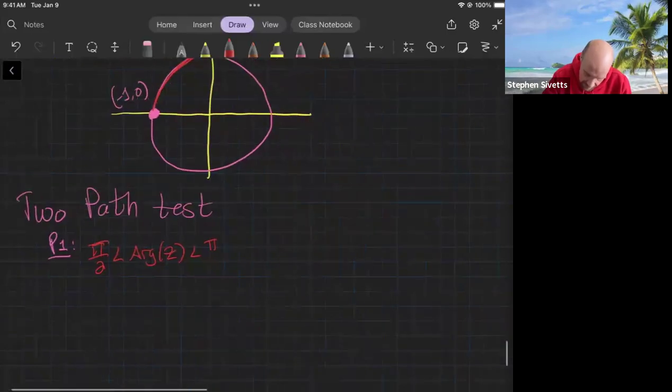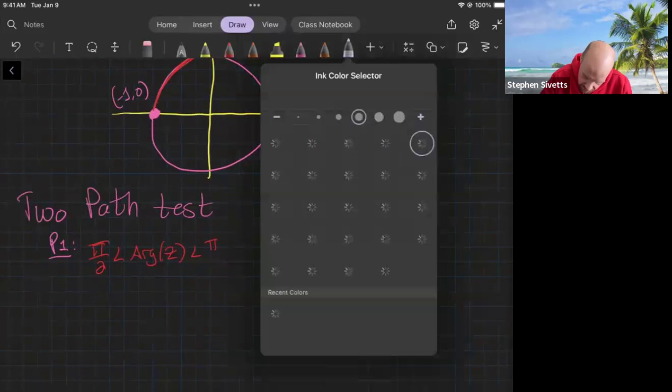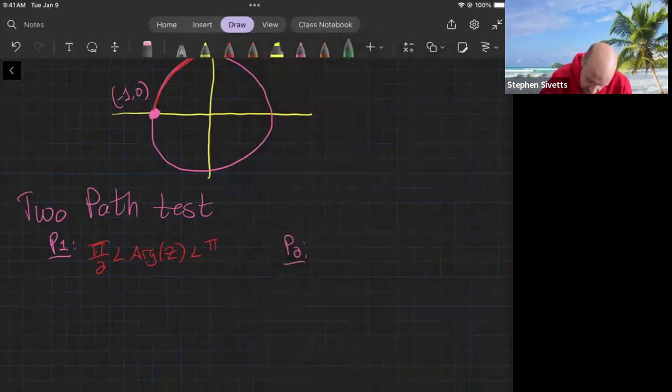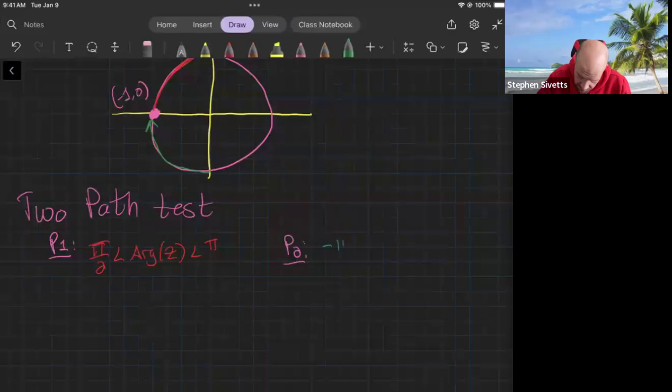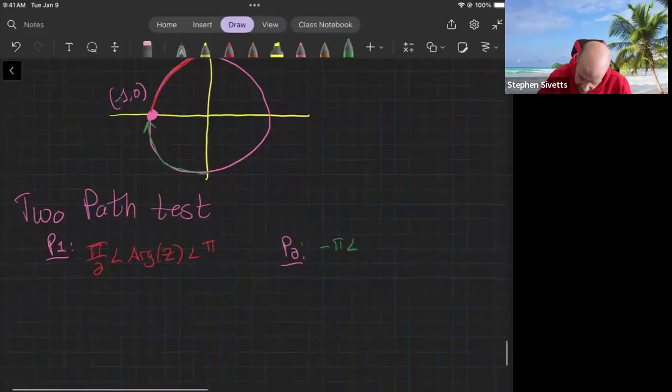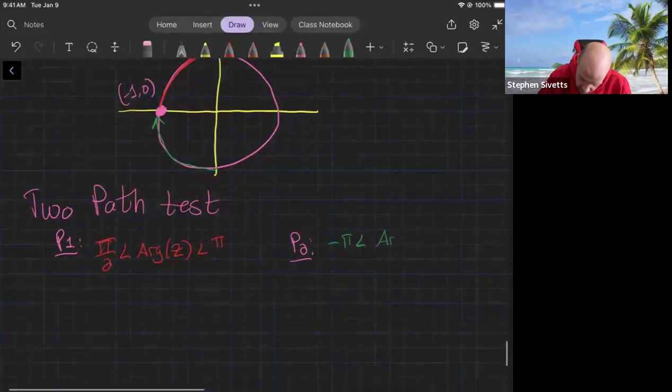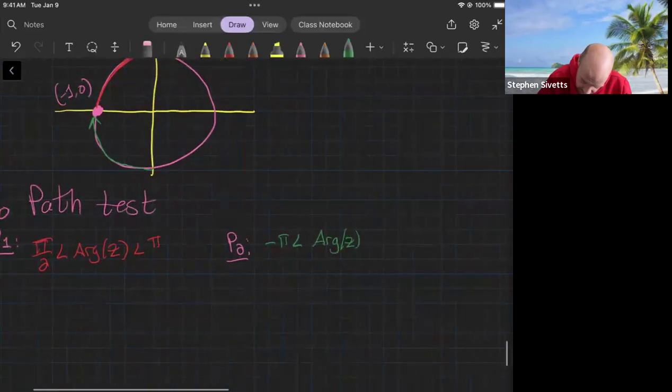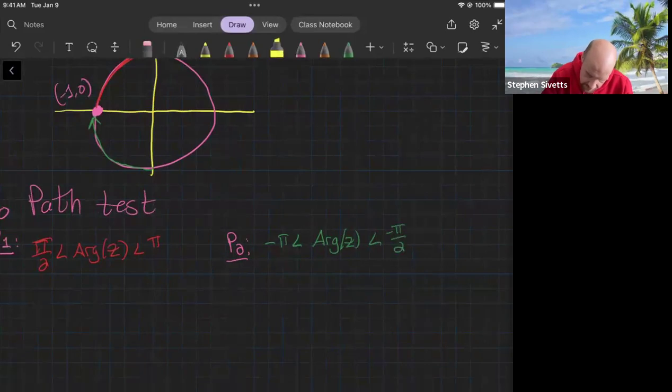And then the other path will constitute having points that are in this section of the circle, whose principal argument is from minus pi up to minus pi over 2.